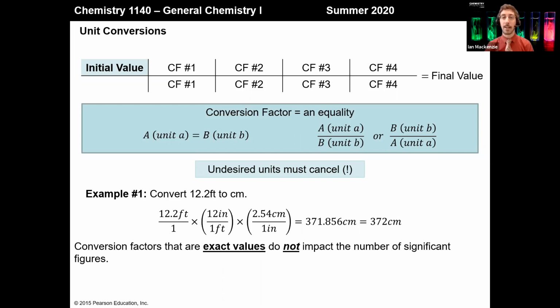There are exactly 2.54 centimeters in 1 inch. That is a definition. There are exactly 12 eggs in a dozen. That's a definition. That's not an uncertain number. There's no uncertainty associated with it. It's not a measured value. It's an exact value. And so it has no impact on the overall number of significant figures, and we can simply base that off of the number of significant figures that we started with.